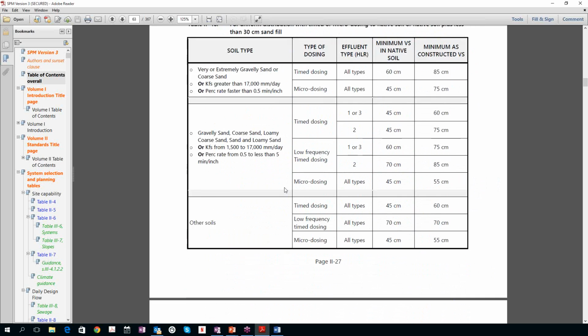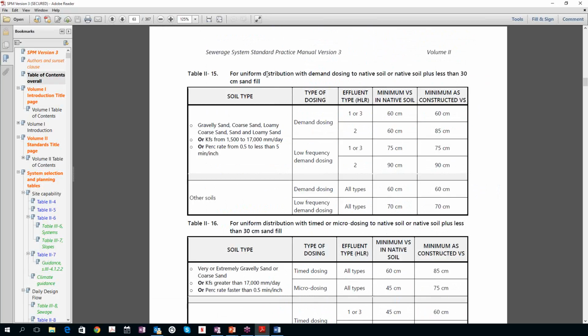Let's pick a simple one. Uniform distribution demand dosing. We have a depth required in native soil and a total depth. So in this example, we need 85 centimeters. We need to meet both columns. So that means that if we had 85 centimeters of native soil underneath the bottom of the trench, we've met both columns.